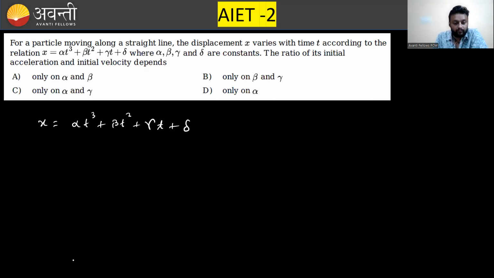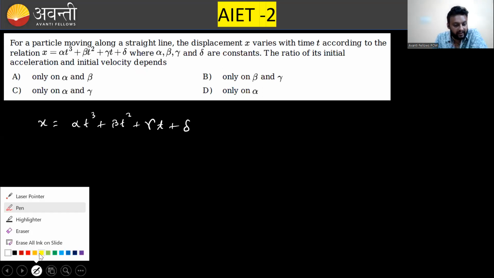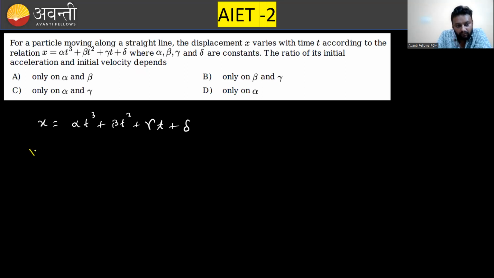So for the calculation of velocity and acceleration, if I want to calculate velocity, I just need to calculate dx over dt. And this dx over dt, if you differentiate it, will become 3 alpha t square plus 2 beta t plus gamma. I hope everybody knows the differentiation. Delta is a constant, that means its differentiation will be 0.